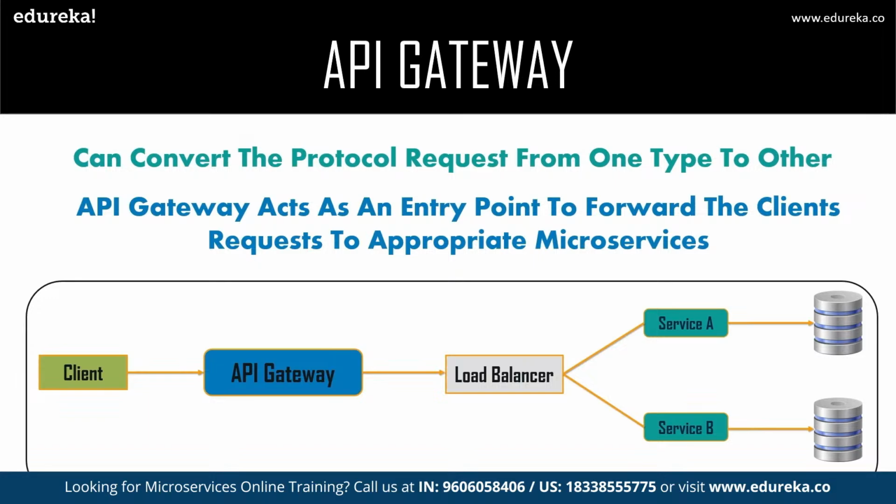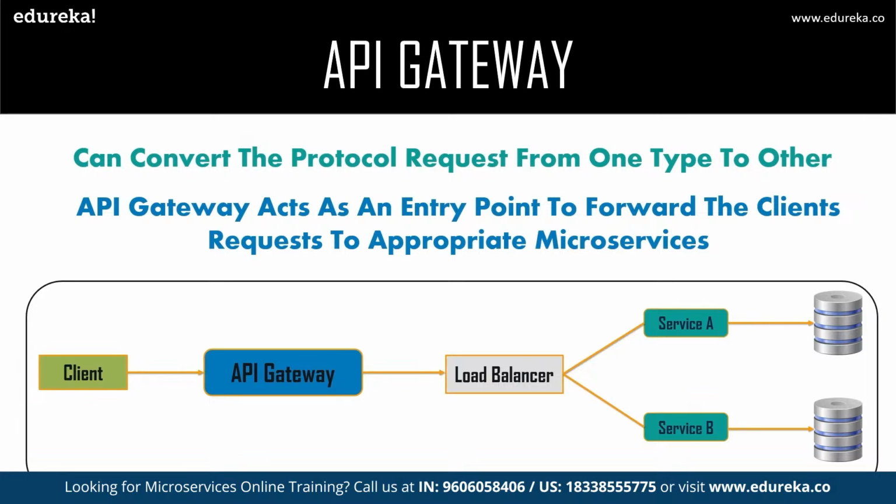The API gateway is at the entry point for all the microservices and can create fine-grained APIs for different types of clients, right? So maybe client A sends a specific request, or maybe client B sends a different kind of request, right? With the help of this particular pattern, you can create fine-grained APIs for all different kinds of clients and requests.